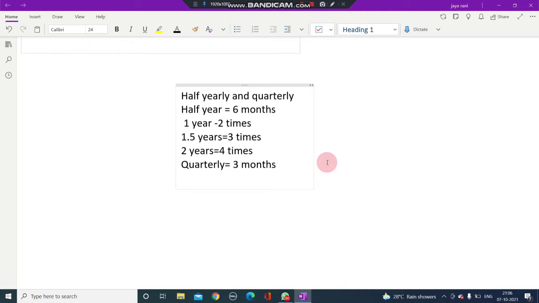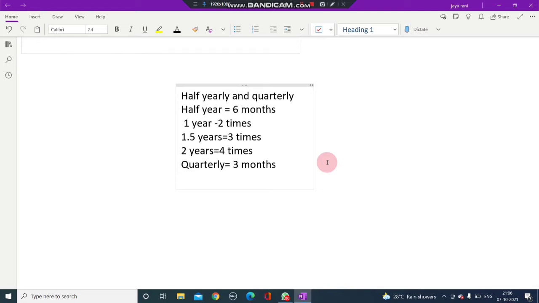In every 3 months interest is calculated. We know that there are four 3-month periods in 1 year, right? 4 into 3 is 12 months. So 4 quarters are there in a year.